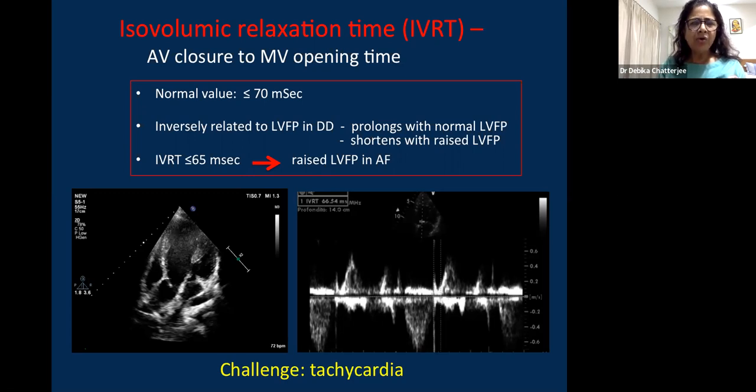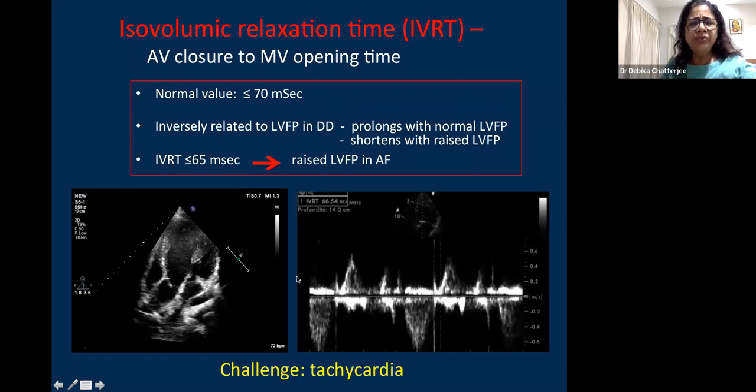So that will cause prolonged IVRT in grade 1 diastolic dysfunction. But in the second stage of diastolic dysfunction, when the LA pressure rises, because of the rise of the LA pressure, the mitral valve opening again becomes quick. Though the relaxation is poor, it is the raised LA pressure which opens the mitral valve that shortens the IVRT. So IVRT is inversely related to the LV filling pressure.